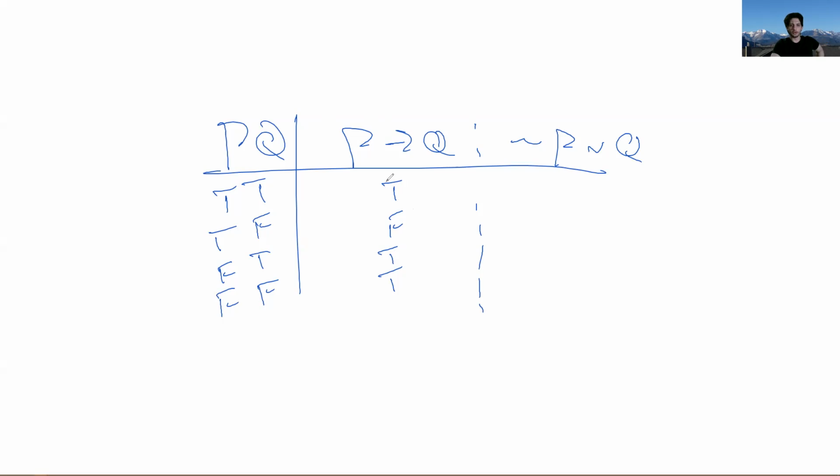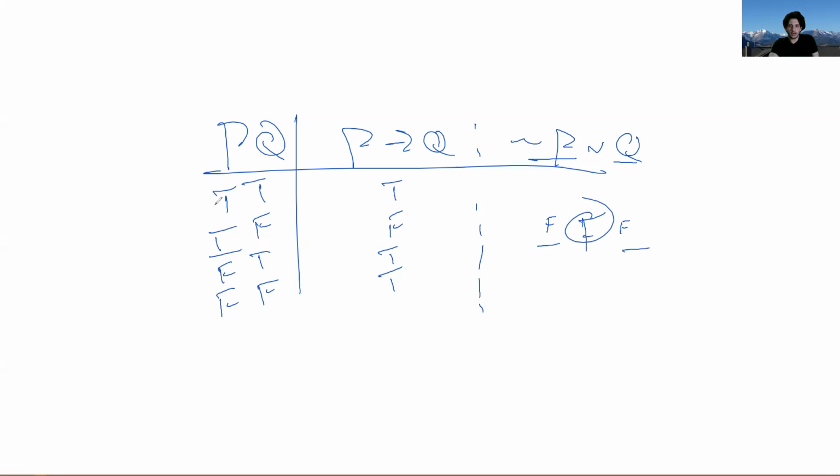The only time the conditional is false is if both P is true and Q is false. Now let's think about that in terms of this sentence. If P is true, then not P is going to be false. And if Q is false, then the Q part is going to be false. So this or is flanked by two falses on either side. So that's the only time it's ever going to be false.